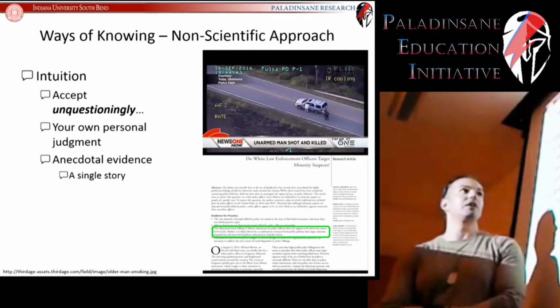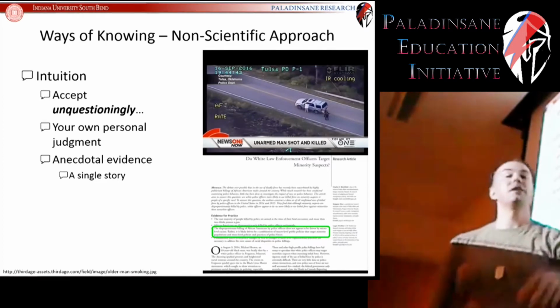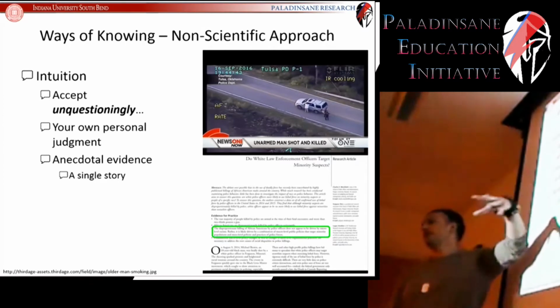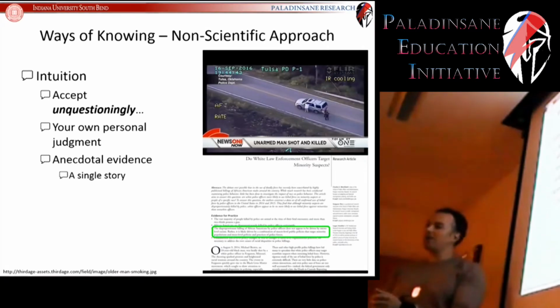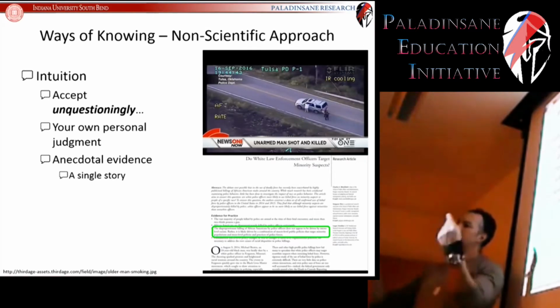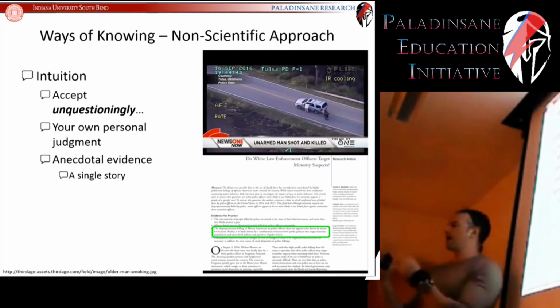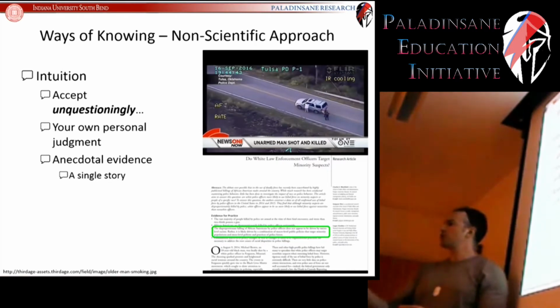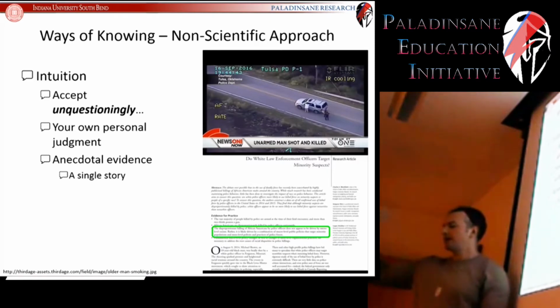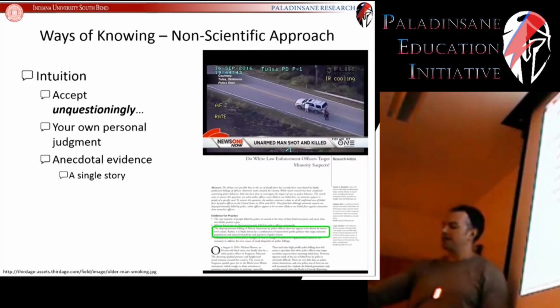So this publication, I wouldn't be surprised if you didn't hear about it, is an important, scientific way of understanding these stories that are anecdotal evidence. And the reason that they're so powerful is because our minds are programmed to understand stories, to understand single instances.